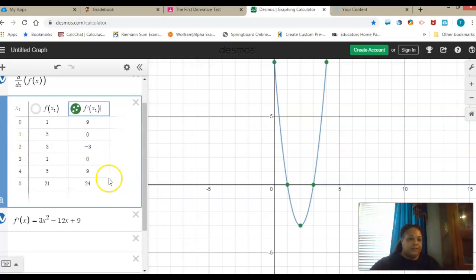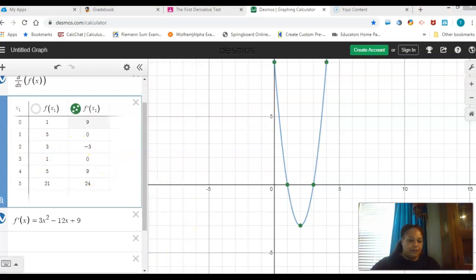You see these positive values here, 9 and 0, and 0 and 9. Anything below that is increasing, and anything here is increasing. The only place it's decreasing is right here.